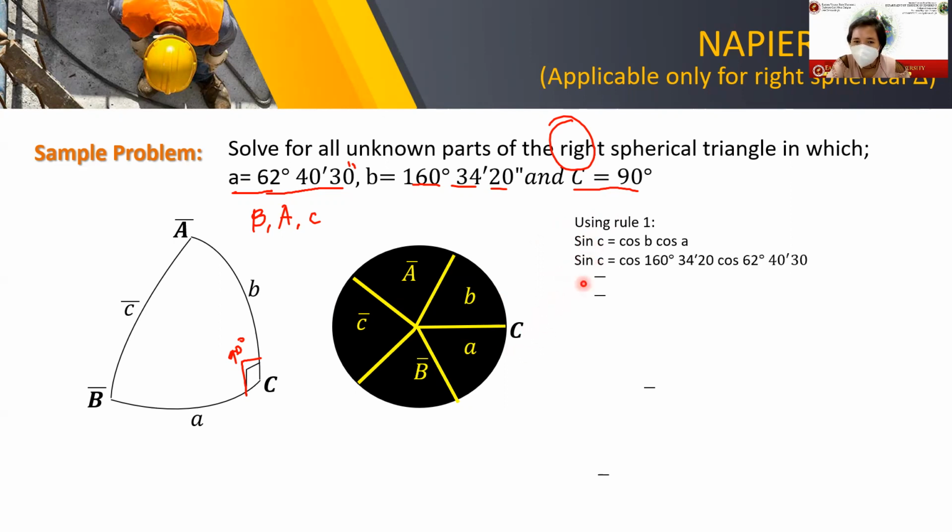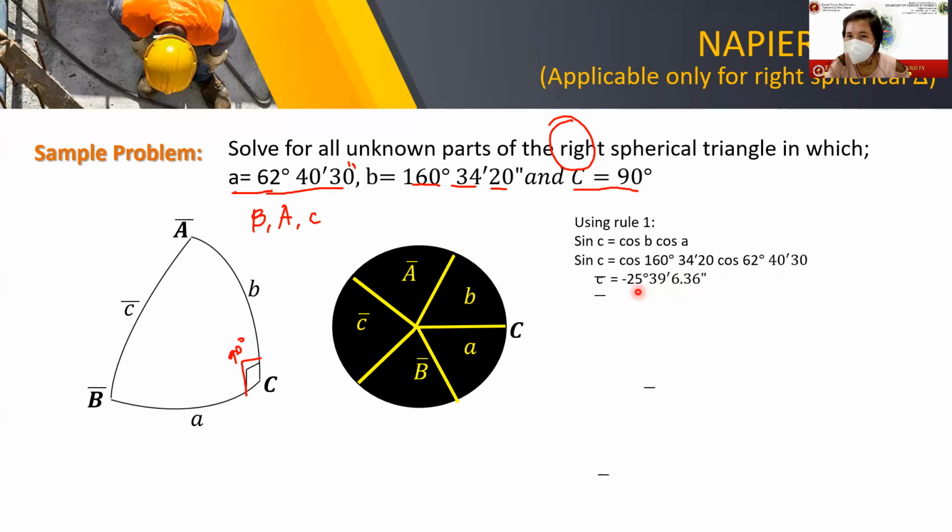So we have here, just direct substitution, we have sine C equals to cosine 160 cosine A. So C, since opposite siya ng right angle, may bar siya. This means may bar sa taas, which means minus natin 90 degrees yung kanyang answer. So if we multiply this one, the answer is negative 25 degrees, 39 minutes, 6.36 seconds. This is C na may bar.